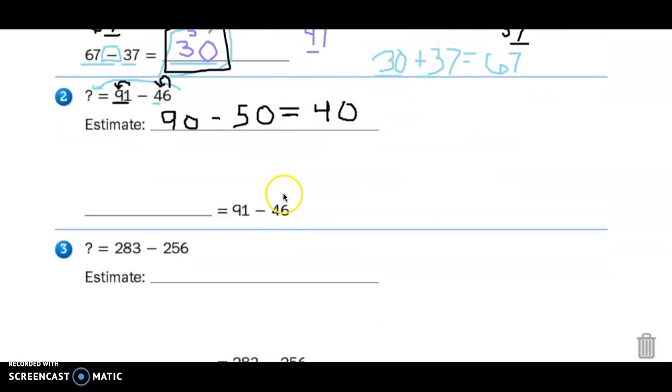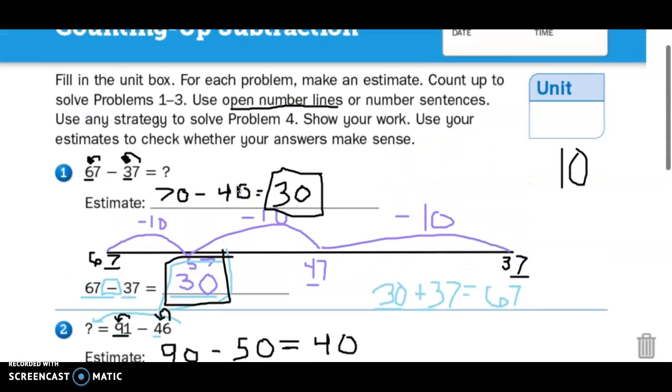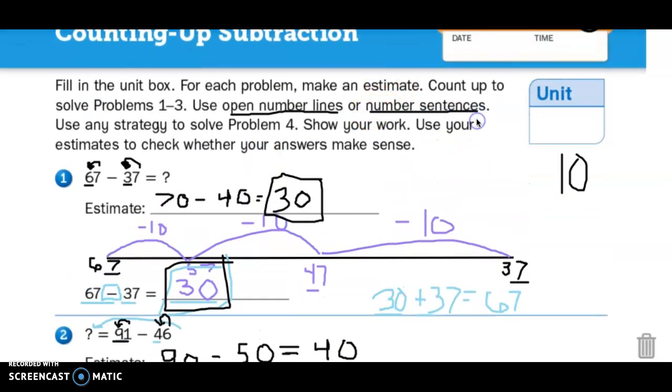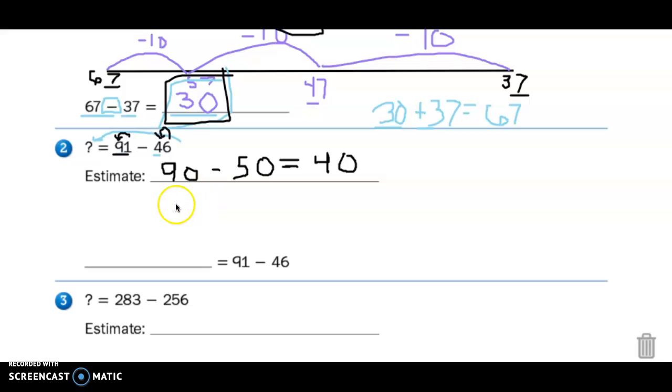Okay, now that we have our estimate here, let's use number sentences. If I start at 91, what can I take away so that I get 46? Well, let's start by making numbers that we know. 91 minus 1 equals what? 90.